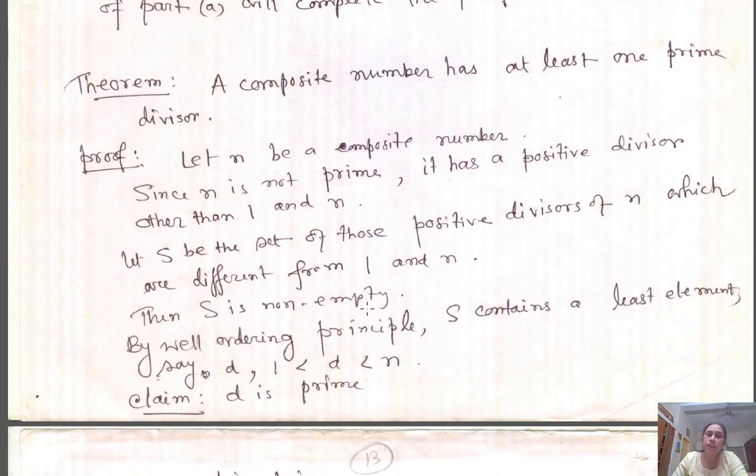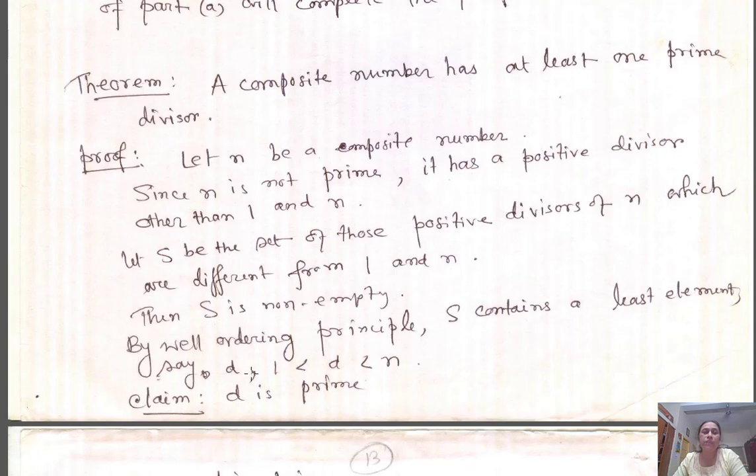S is non-empty because, since n is not prime, it must have one positive divisor other than 1 and n. So we can apply the well ordering principle because S is a non-empty subset of the set of positive integers. So it must have a least element.